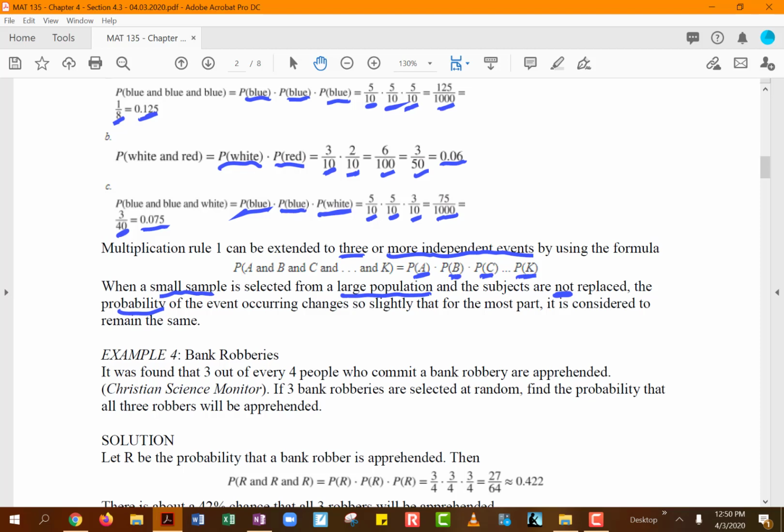So they're basically saying if you take a small sample from a very large population and let's say you don't replace your subjects, the probability of the event occurring will have such a small change that for the most part your probability will actually stay the same as though you had replaced your subject. So that's basically what they're talking about here, okay?